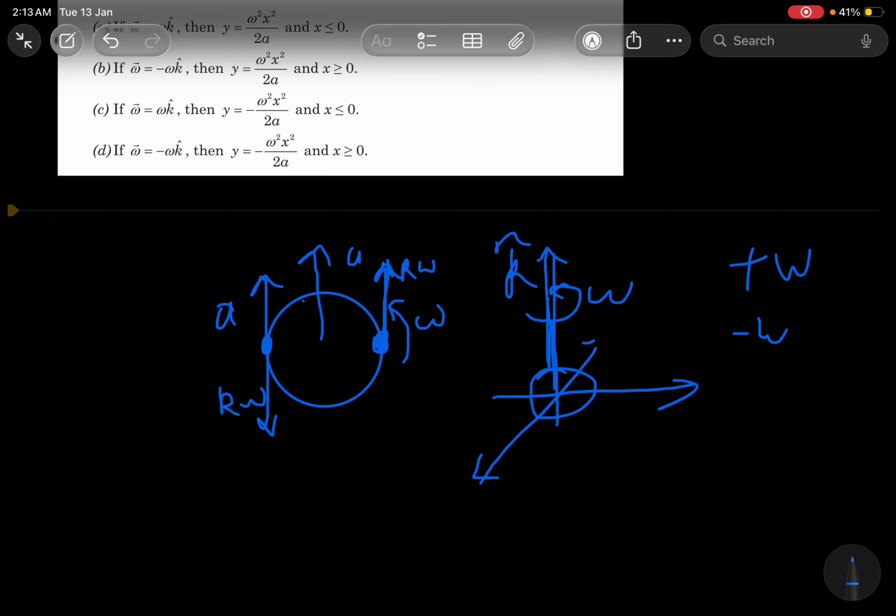Why? Because for this point over here, acceleration is in the opposite direction, whereas for this point over here, acceleration is in the direction of its velocity, right? So this is complex. Just try to imagine one part of the disk is speeding up, the other part is slowing down.